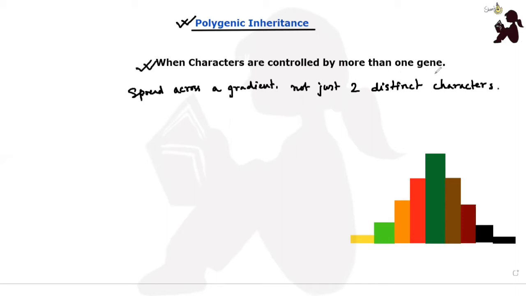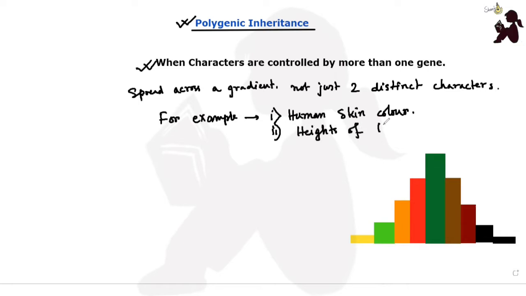This phenomenon is known as polygenic inheritance. For example, this kind of characteristic is the human skin color, and also the height of humans. These characteristics are variable and they are spread across a gradient.